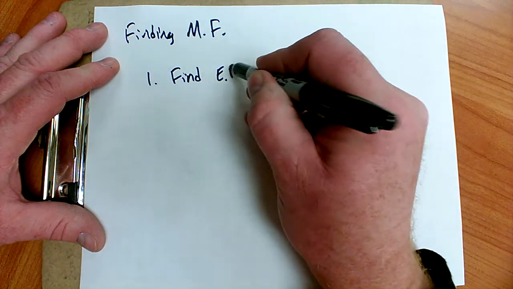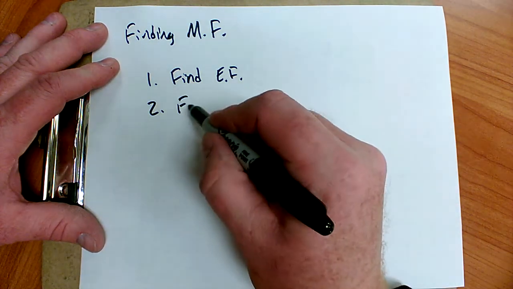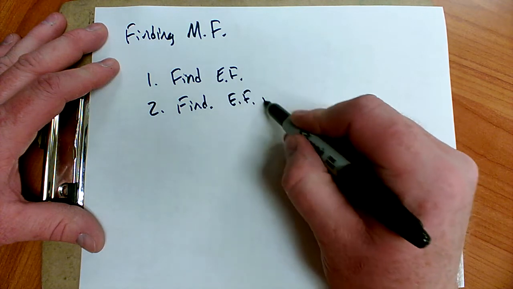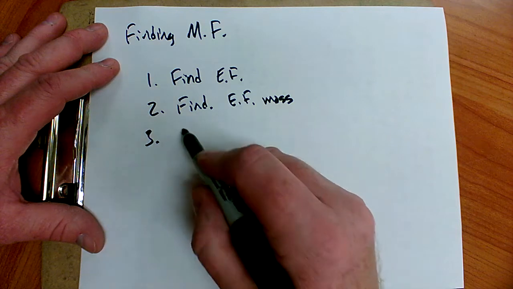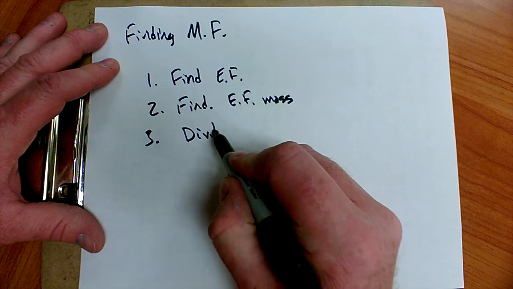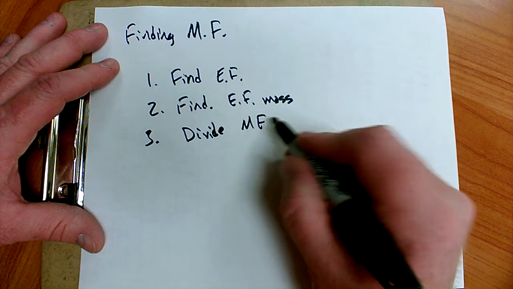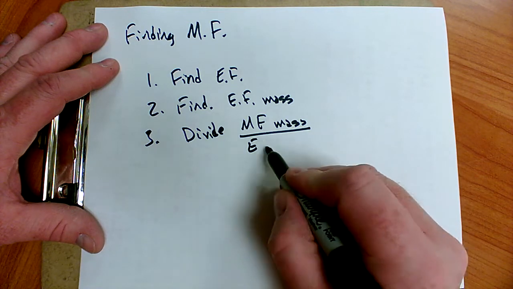Then step 2 is to find the empirical formula mass. And then step 3 is to divide molecular formula mass over empirical formula mass.